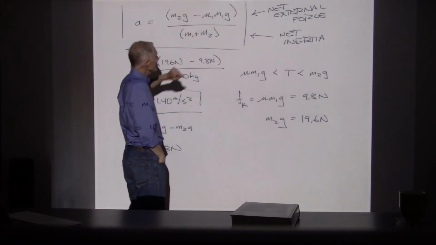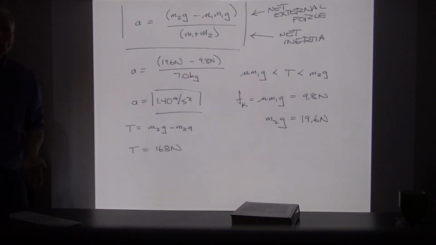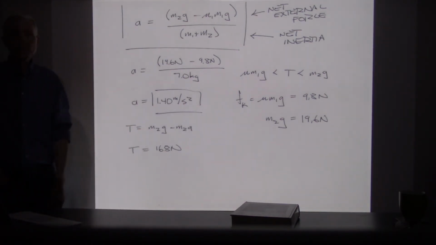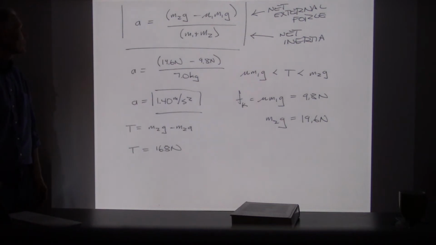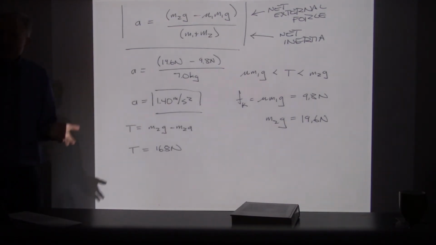So that's a handy feature. We can solve a problem with friction, and built into that same formula is a way to take the friction out. If I set mu sub 1 equal to 0, then we'll have the acceleration that we had for the similar problem back in chapter 4.